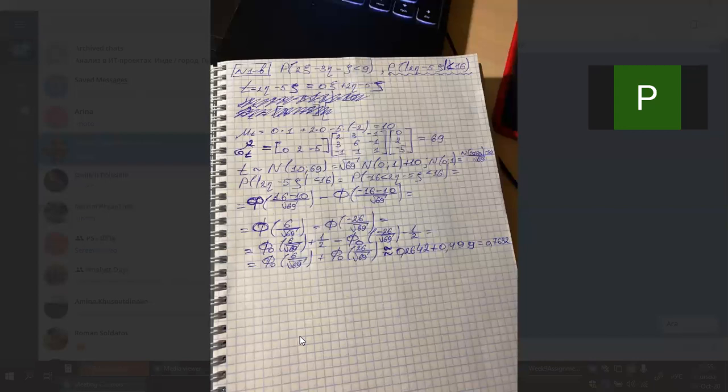But in phi 0, we just throw out the negative part, and thus we have to subtract 1/2. And from this, we get that capital phi is equal to capital phi 0 plus 1/2. This is just the formula. Did I answer your question? Okay.